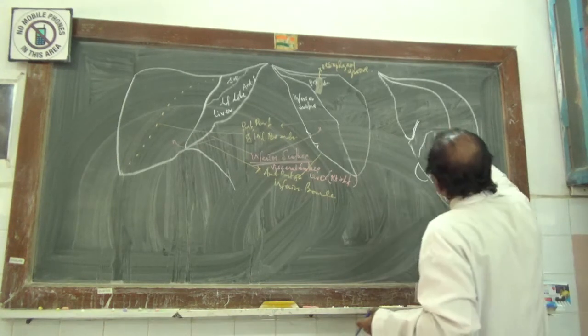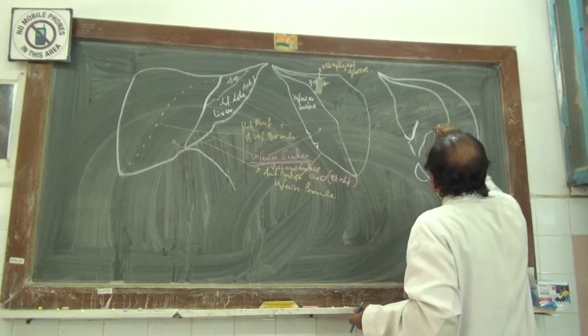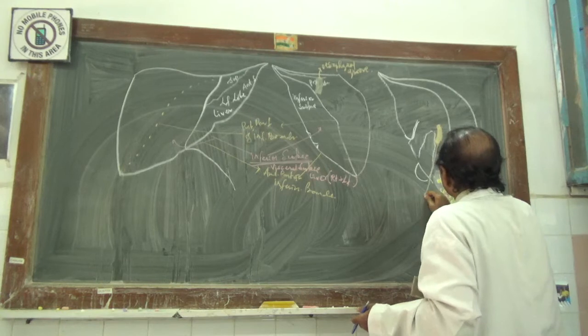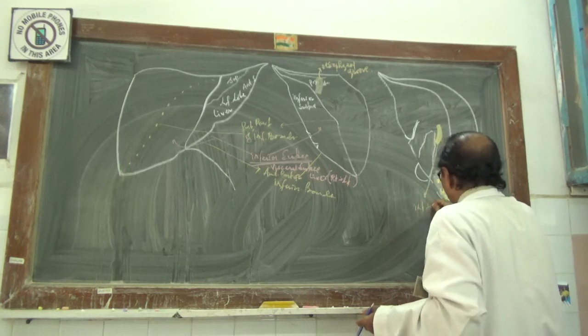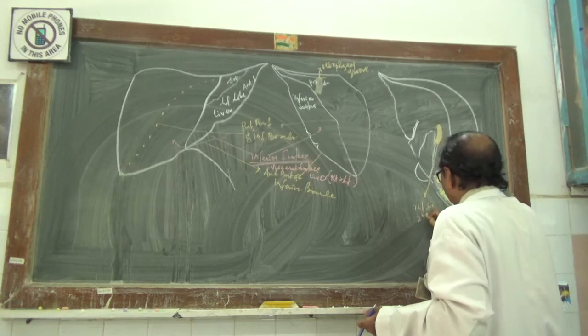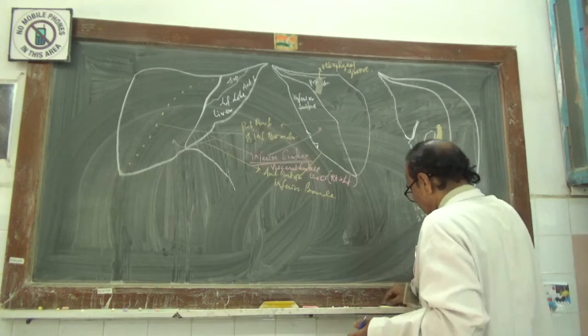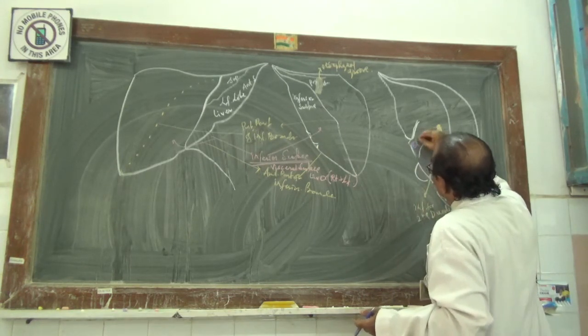Here you have this impression for the second part of the duodenum. This is the quadrate lobe.